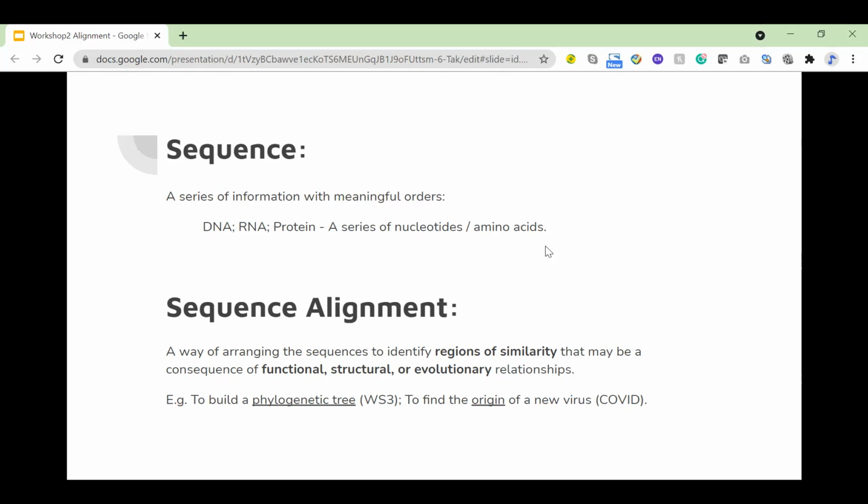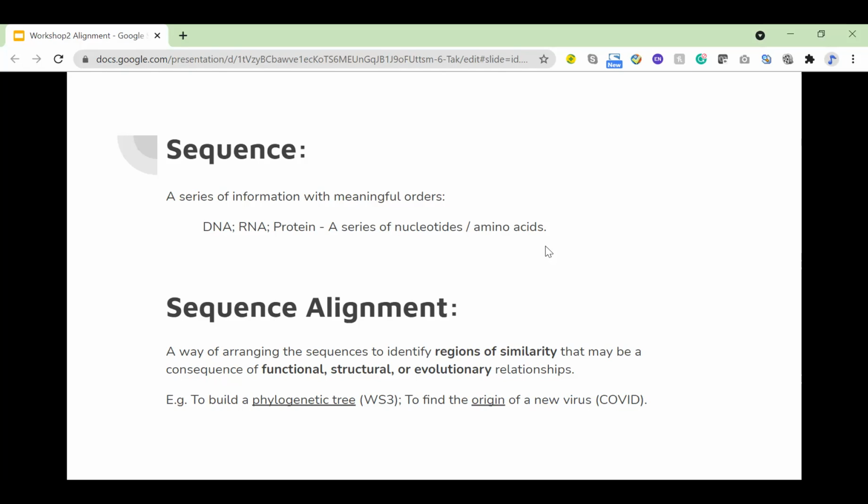We have sequencing technology, such as Illumina and PacBio, as the way to transfer biological data into computational data. But after that, we still need something to help us digest the information for further analysis. One of the techniques that we're going to use is sequence alignment.